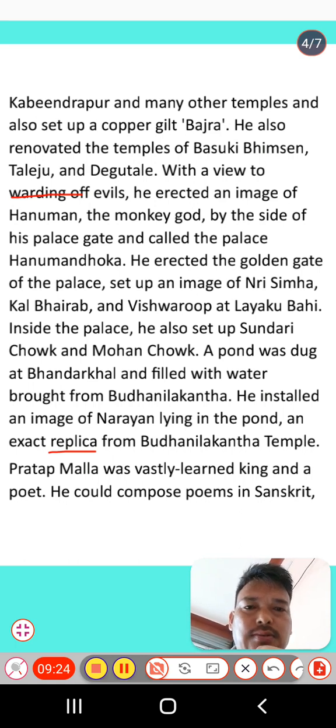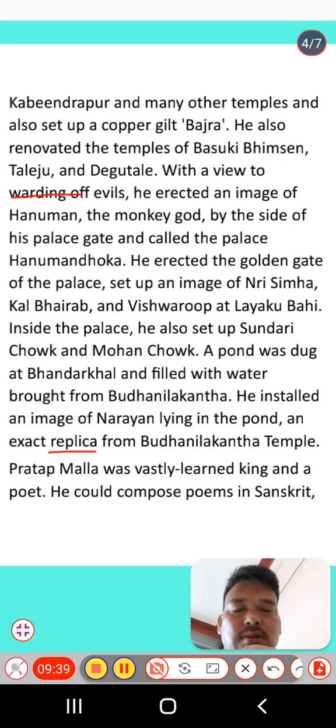He also erected, meaning drew, a picture of Hanuman, the monkey god, and after that the palace gate was given the name Hanuman Dhoka.